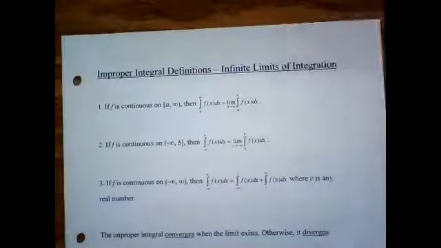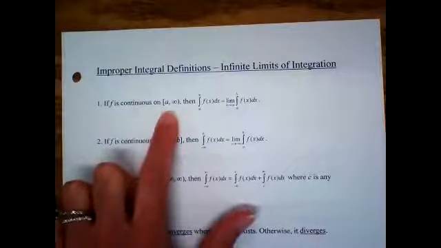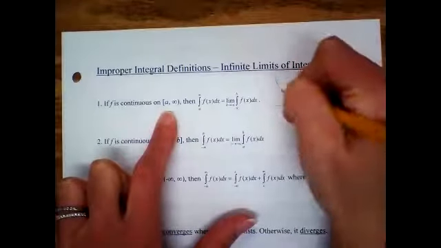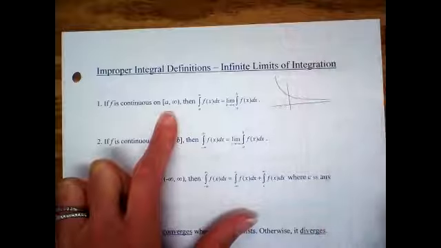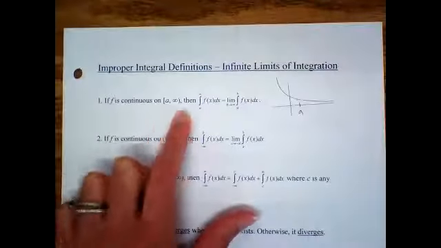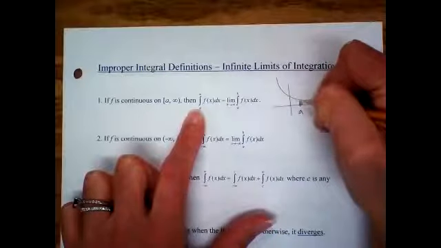So I'm going to draw a little picture for each of these because I think a picture helps a lot with understanding what's going on. If a function is continuous from a to infinity, so for example, if it looks something like this, and then here's a, then the integral from a to infinity would be this area.